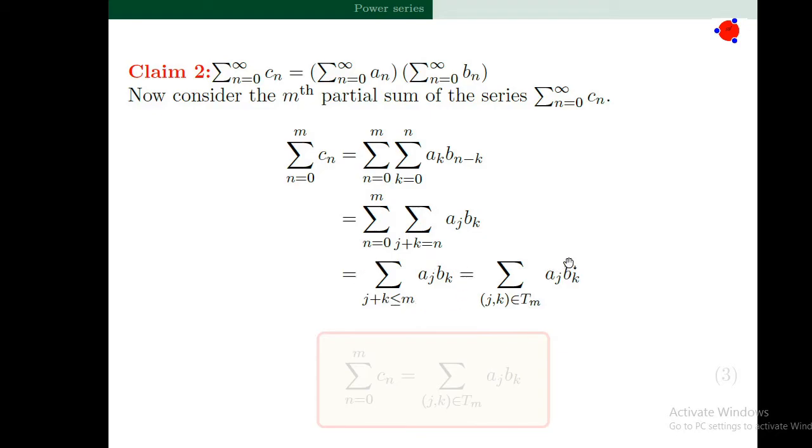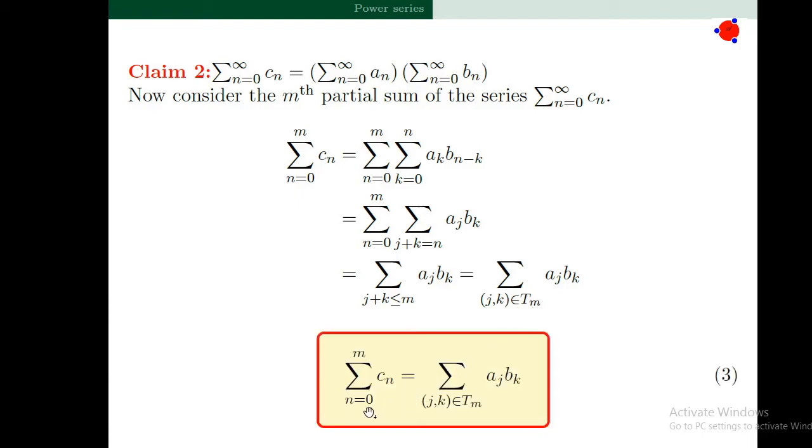So this summation is the same as summation aj bk, and the summation runs over all lattice points in Tm. So the finite sum, summation n equal to 0 to m of cn, can be written as summation aj bk, where (j,k) is in Tm. That is the summation aj bk, and the summation runs over all lattice points in Tm. That is equation 3.